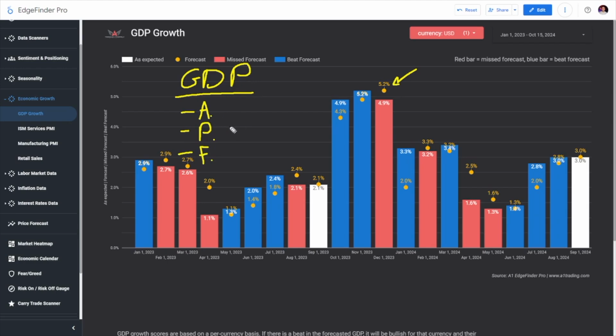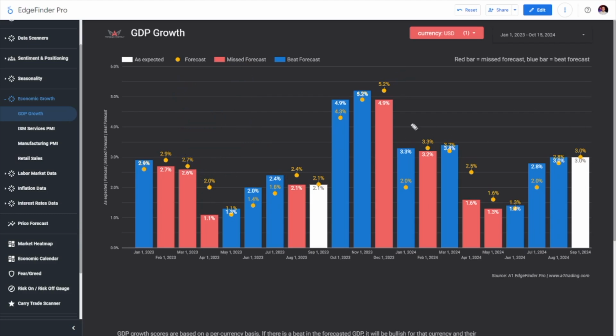These are revisions being made to the actual output of the economy, as that is a very difficult thing for governments to accurately track. So they put out their first guess, the advanced GDP, then the preliminary GDP, which is refined, and then basically the final draft.